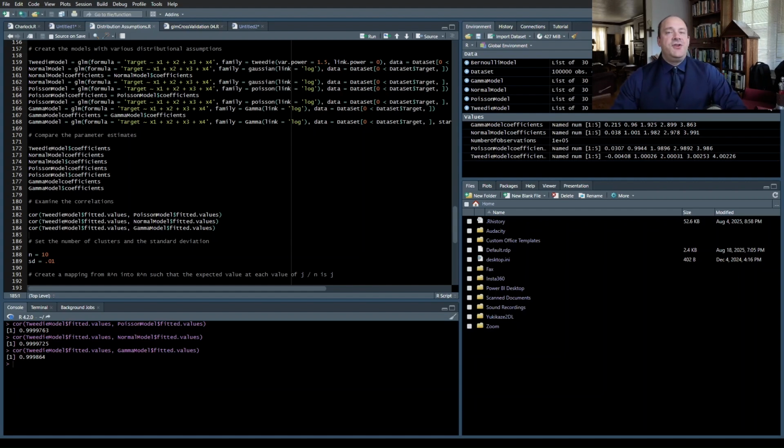But if all you care about is the conditional expectation, then it doesn't really seem to make that big of a difference. And instead, although this seems a little wacky, the real way you should select your distribution is it should cohere with the programming of the link function you intend to use. So we already saw that if your link function is an identity function, gamma and Poisson and Tweedie get real bent out of shape real fast.